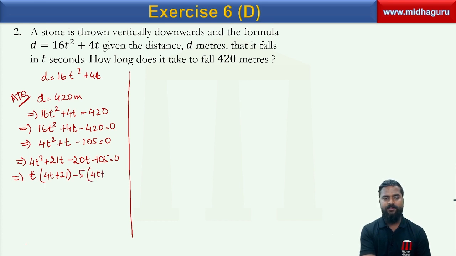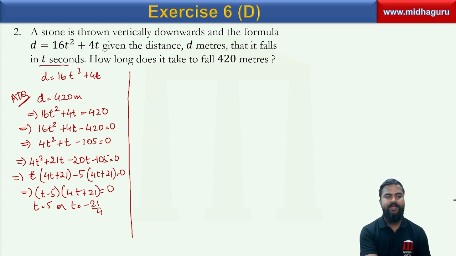Again I get 4t plus 21. So now we have t minus 5 into 4t plus 21 is equal to 0. So either t is equal to 5 or t is equal to minus 21 by 4. Since t is a time period, it cannot be negative. So t is 5 seconds.